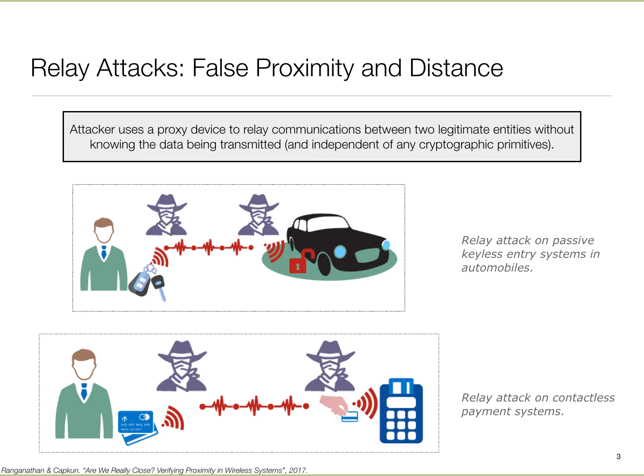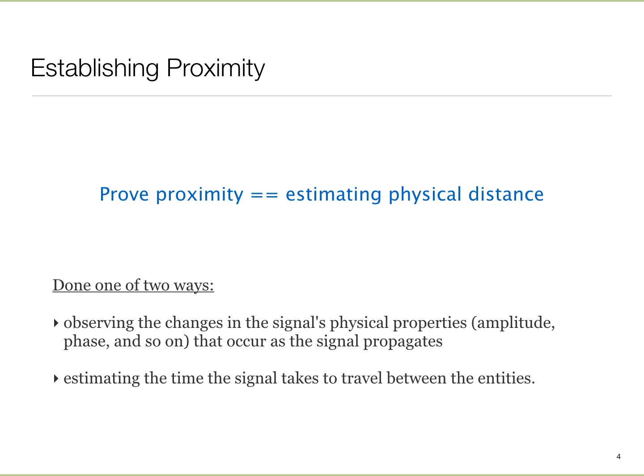Payments can again be attacked. Someone can put the contactless cards near, and I can charge my purchase to your card. So these remain valid threats. Essentially, the problem that we want to solve is to prove proximity, that the client is indeed close to the service, and we can define close in some manner on the service.